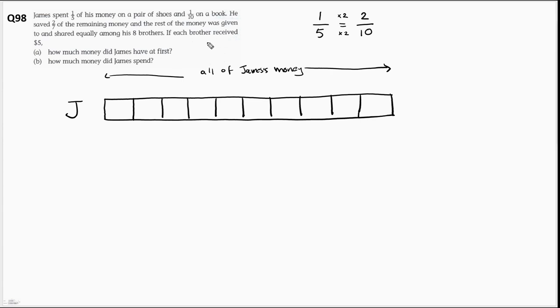Okay. So he spent 1/5 of his money on a pair of shoes. Now what have we split this into? Tenths. 1/5 is equal to 2/10. So 1/5 is 2 of these blocks. And actually, let me show you that that's true, because again, this is all of his money. If we were dealing in fifths, we would have split it into 5 equal pieces.